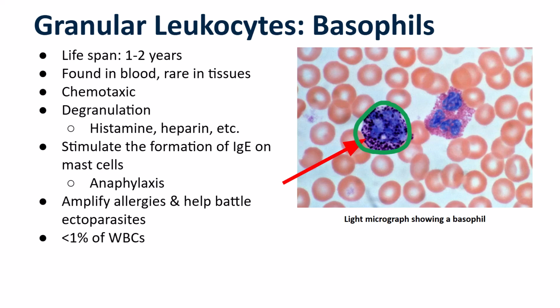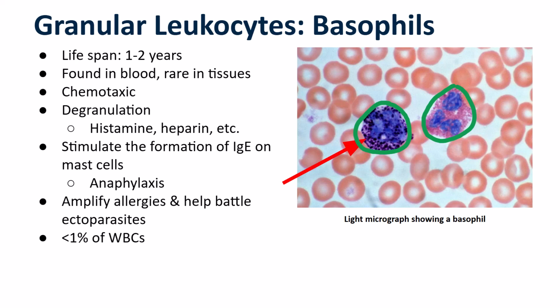So that is the basophil. That is another leukocyte. So you can see the difference there in the appearance, and oftentimes the granules of basophils may even partially obscure the nucleus.